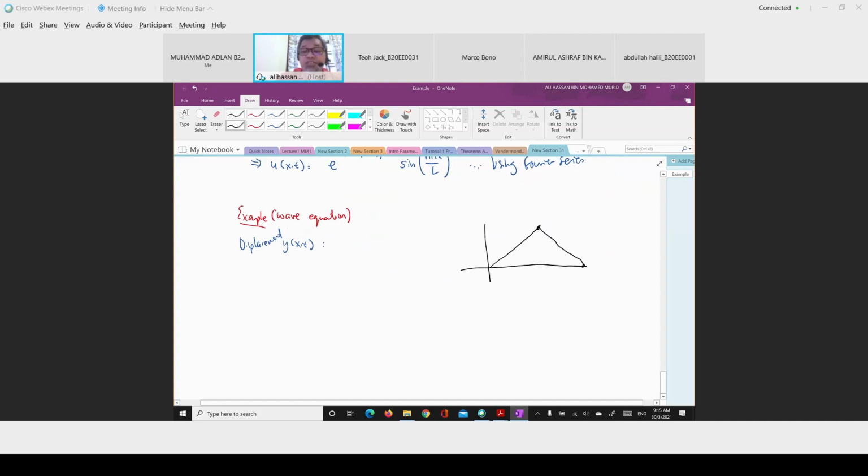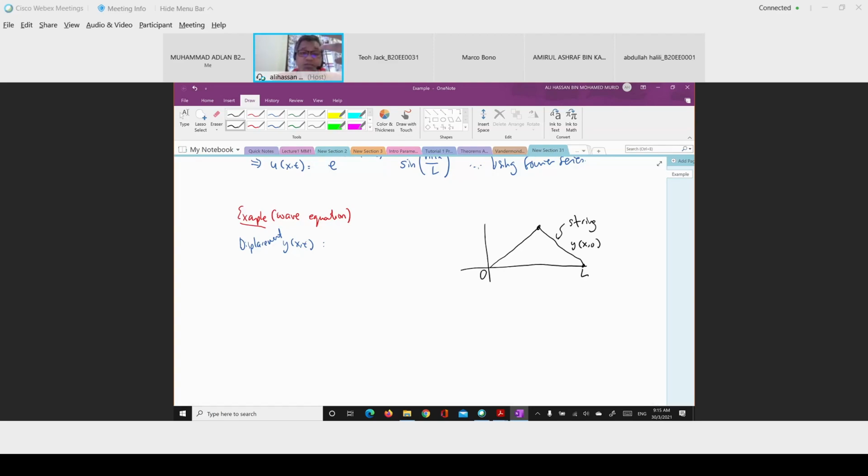Initially, suppose this is the position. This is a string, something like a string. The string lies along the line 0 to L. You pick one point along the string and raise it up. What is shown here is the initial position of the string. Then you release the string and it will vibrate, right?